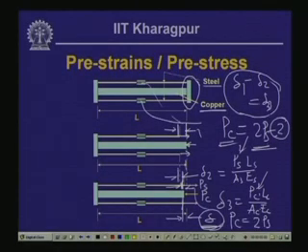Once we know the values of Pc and Ps, we can compute the stresses in the copper bar and the steel wire, and thereby we can compute the final deformation occurring in the whole assembly. So, similar to what we have done in the evaluation of thermal stresses, we can evaluate the stress and the deformation in an assembly where we introduce pre-straining or pre-stressing in the system.